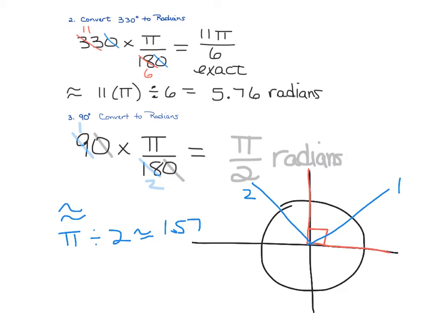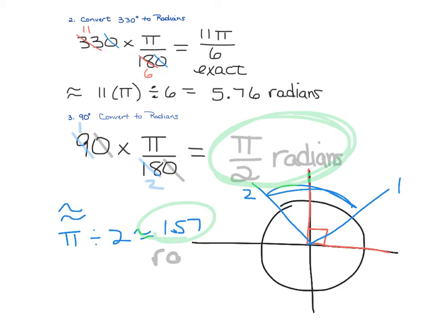Notice my 90 degrees is halfway in between 1 and 2, so again, it's reasonable. So again, when they ask for exact answer or leave it in terms of pi, this is your answer. If they ask you to approximate it or use your calculator, you're going to use your pi button, and this will be about 1.57 radians.